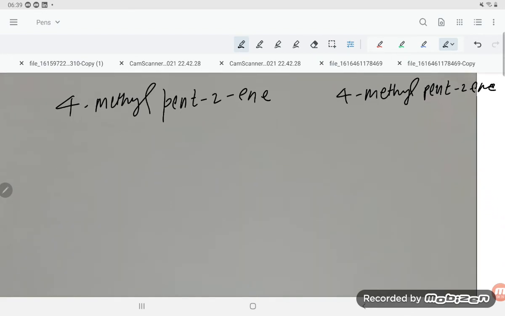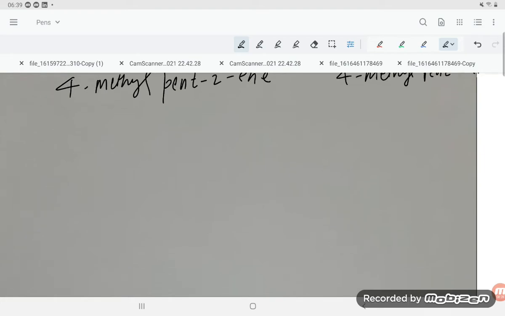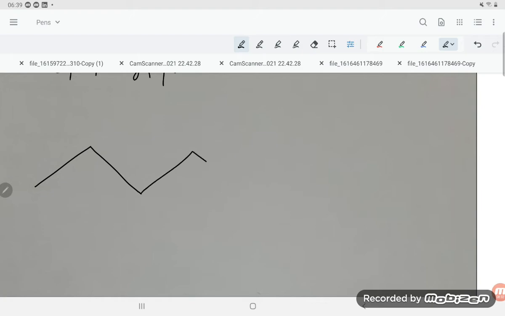How will you write the name of another compound? Let us have a look. We are going to practice more and more questions. So here we are putting the CH3 group, student. Which direction can you do numbering?